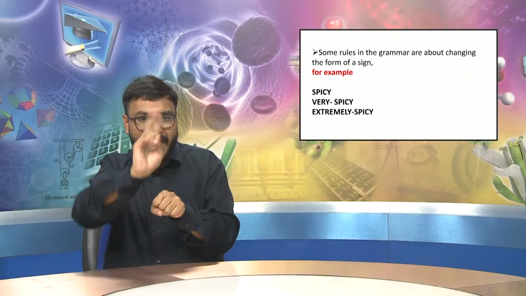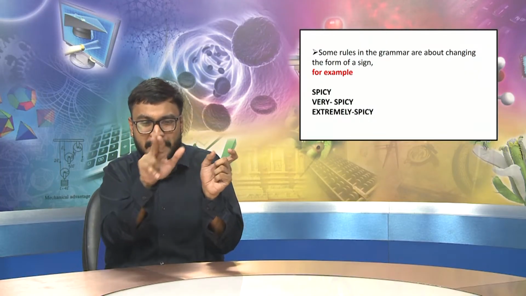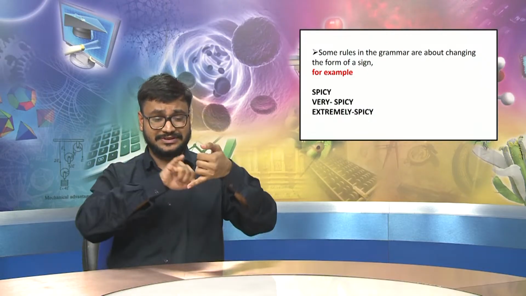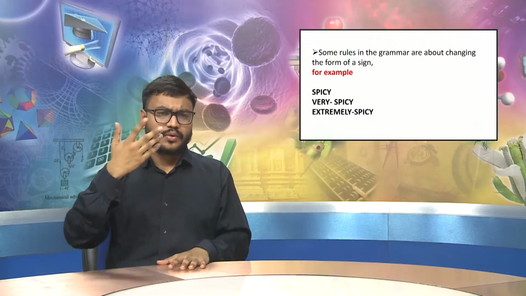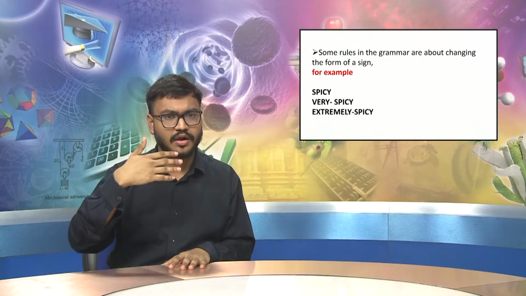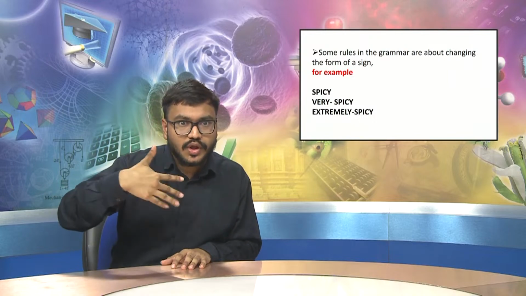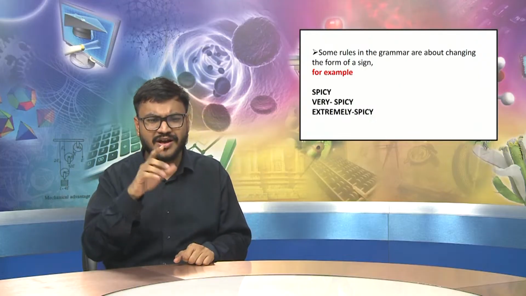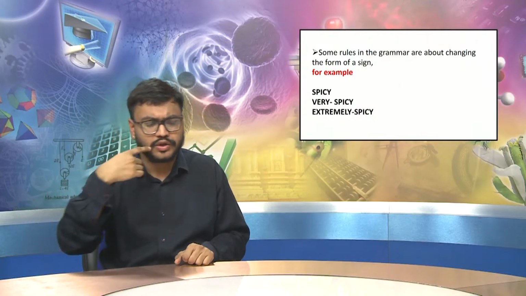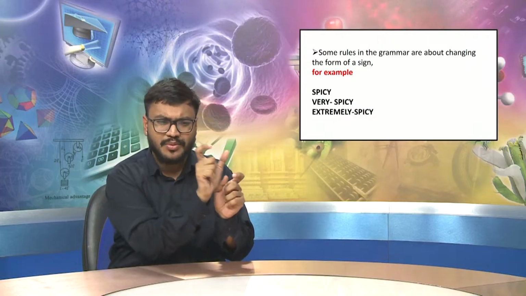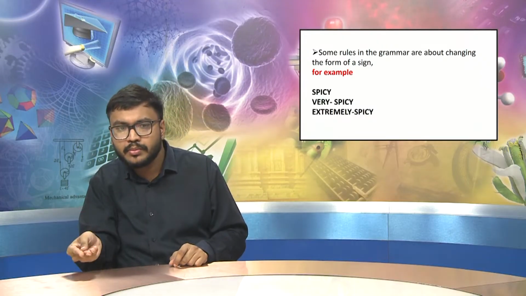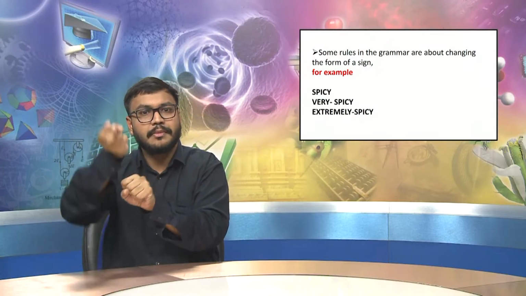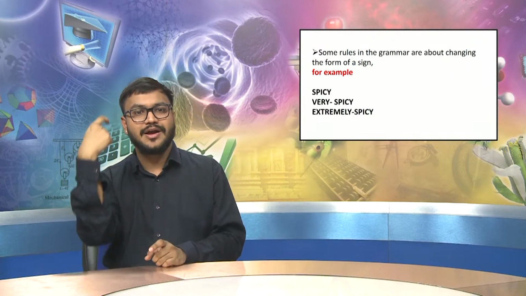Some rules in the grammar are about changing the form of a sign. For example, the sign for spicy can be modified to show different degrees of intensity. Spicy for normal spice, very spicy to show stronger spice, extremely spicy to show the highest level of intensity. By changing the movement or expression, the meaning of the sign becomes stronger.